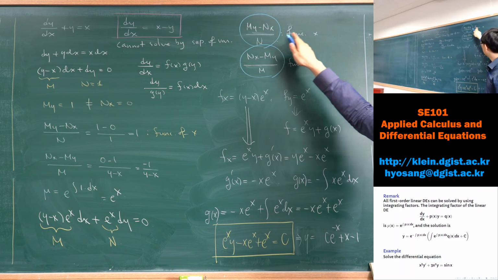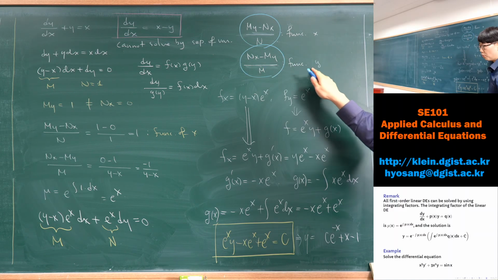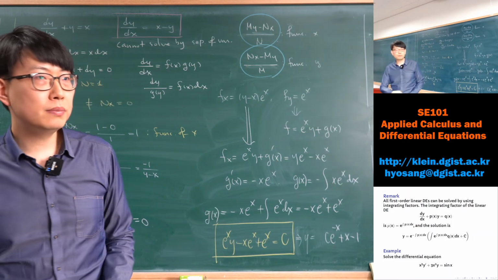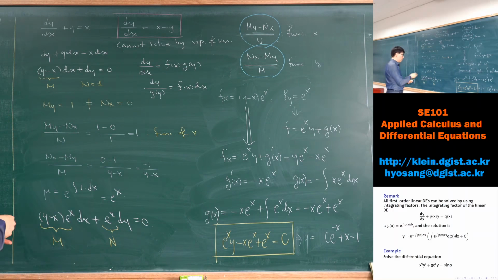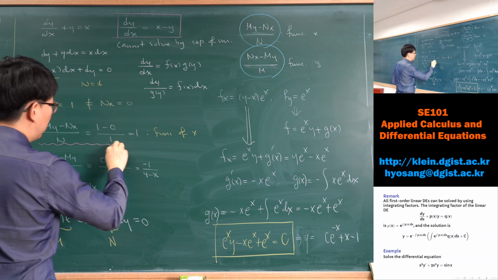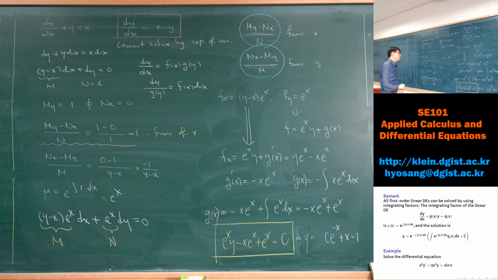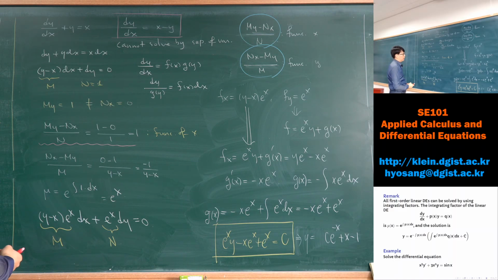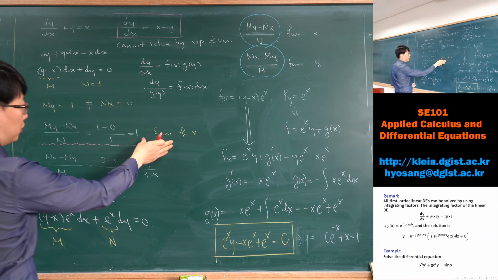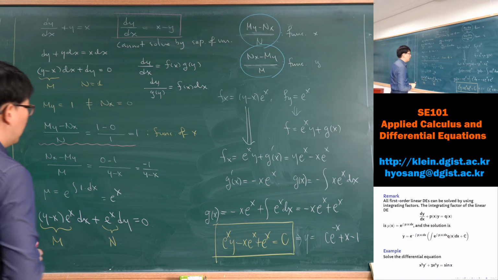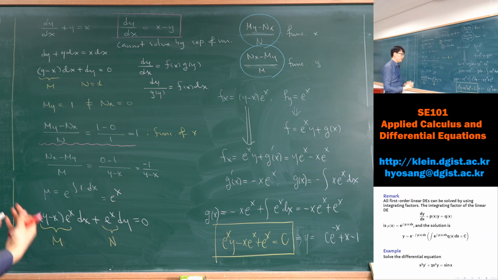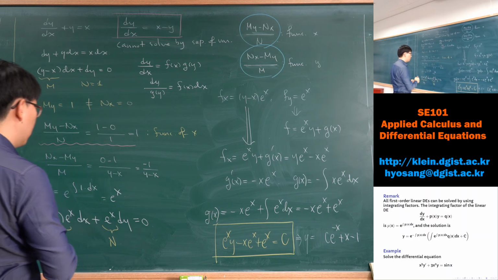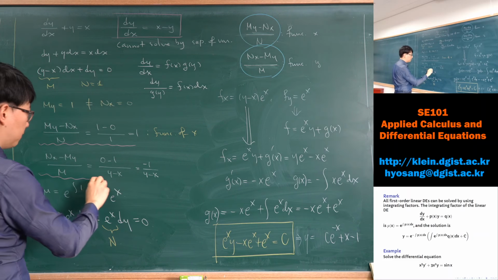So either this formula is a function of x or this formula is a function of y. In this example, if you compute it up to this far and you got 1, you can safely assume that this is a function of x at this point. But if you're not confident whether you can take this as a function of x, just compute the other part.